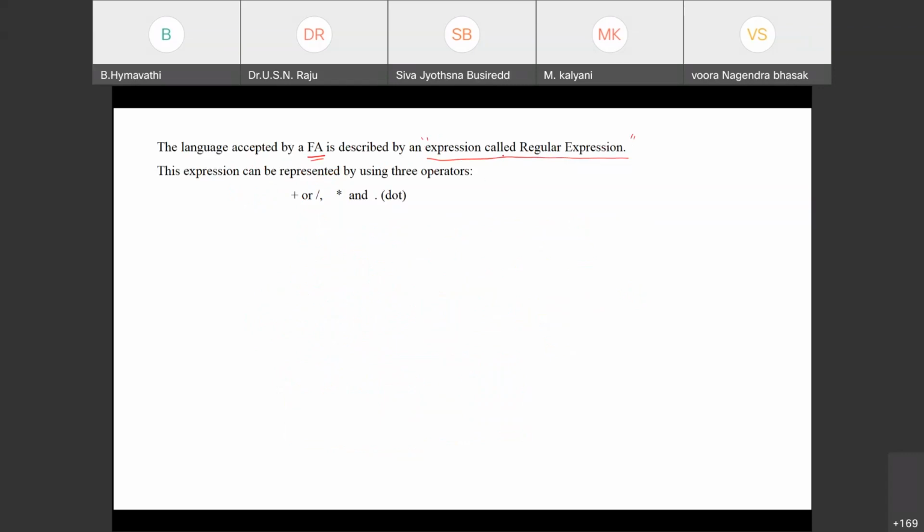In mathematics, what do you mean by an expression? Can I say x plus y plus z is an expression? Yes. It represents a whole calculation among x, y, z by using some operators.